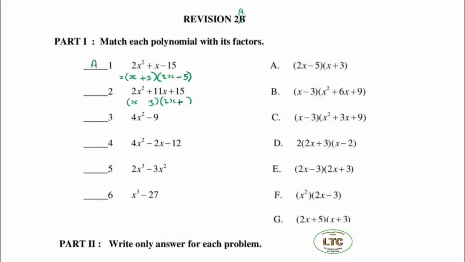Plus 5 times x is 5x. 6x plus 5x is 11x. Correct. So where is this? 2x plus 5, x plus 3, G.